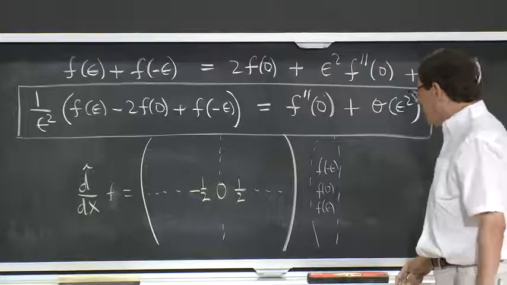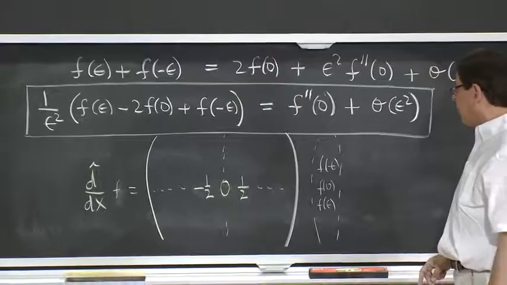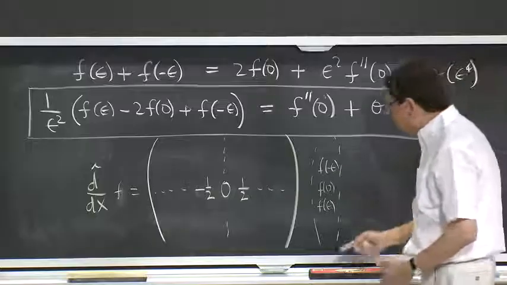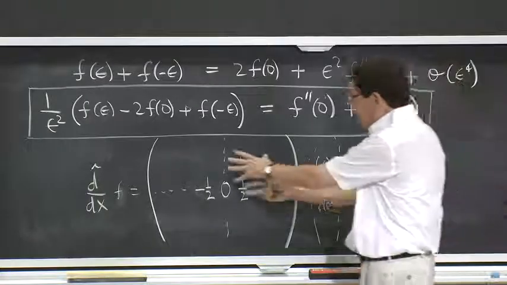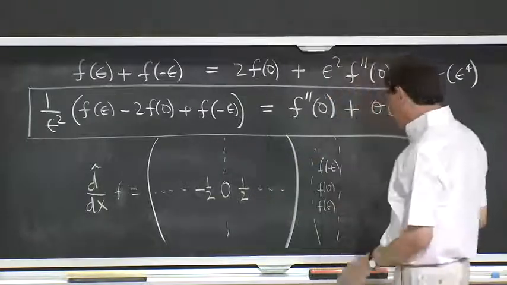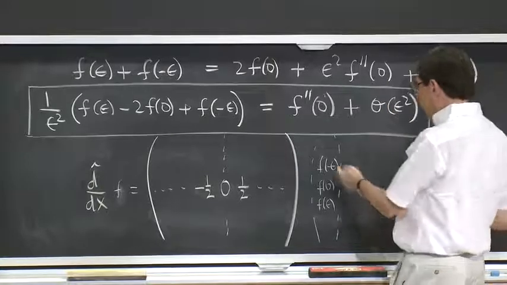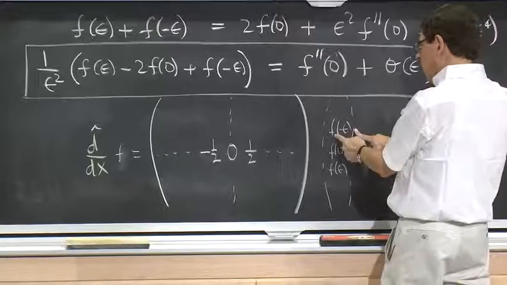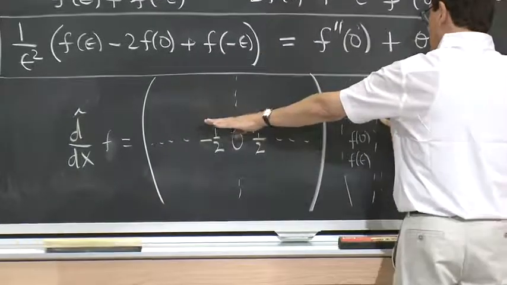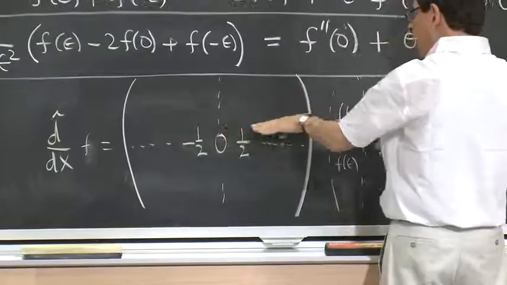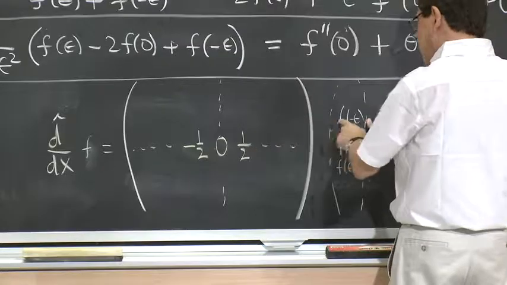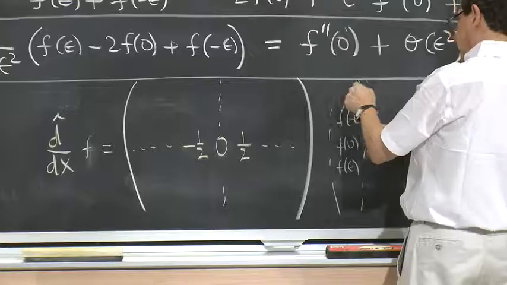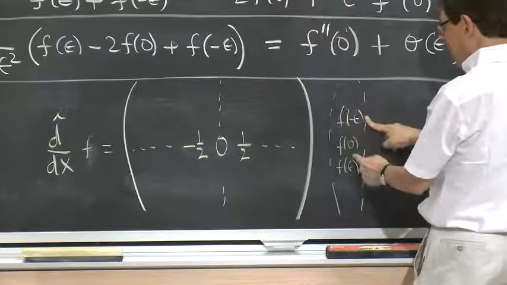So that would do it, and you must do the same thing for every value of epsilon. So I have to extend this matrix, and you must do the same when you're evaluating the derivative at minus epsilon, which would be one row above this one. You must include the value of the function at minus 2 epsilon and the value of the function at 0.